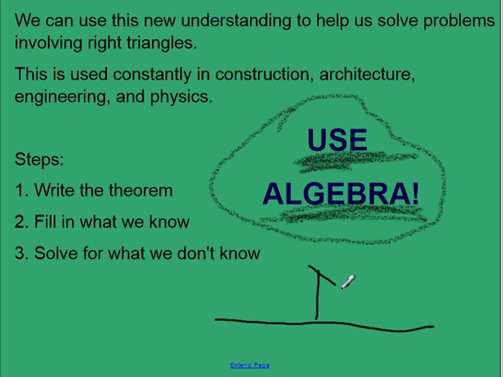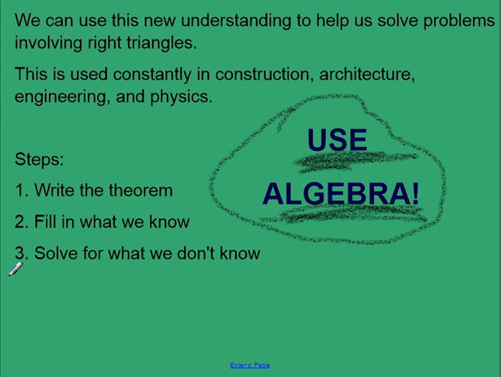And you have to figure out how to design the roof so that it's tall enough, so that it's big enough, and so that you have enough material to cover the surface of the roof. And to do that, you use the Pythagorean theorem. It's everywhere in many careers, more than just what I mentioned here.